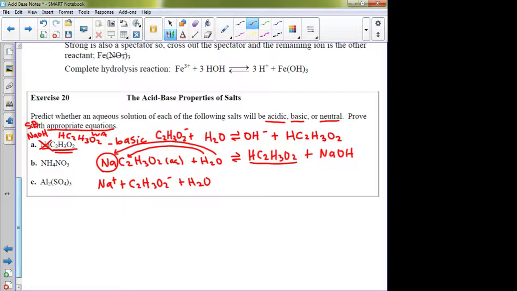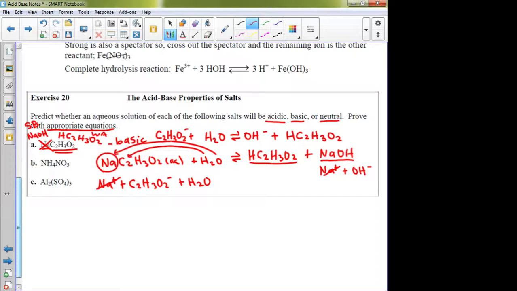So we wouldn't say that is aqueous, but NaOH is a strong base, so it does what? In solution, it breaks apart into Na positive plus OH negative. Remember, what do we do with spectator ions? We cross them out. This never changed. It stayed the same, so it went away.